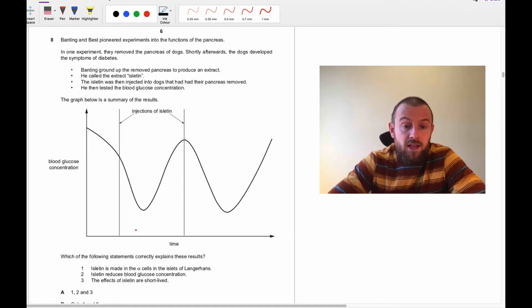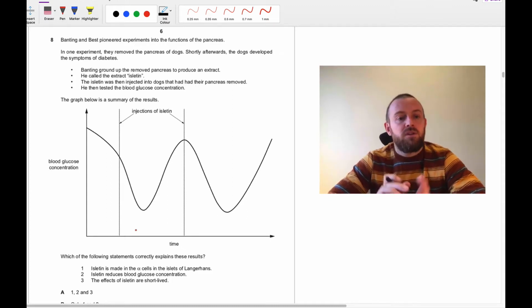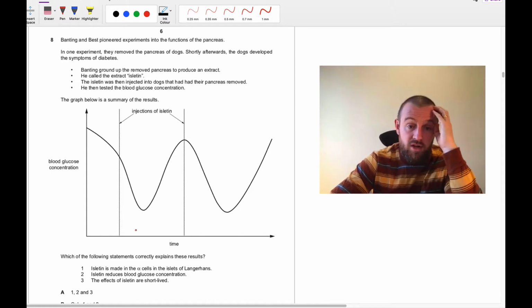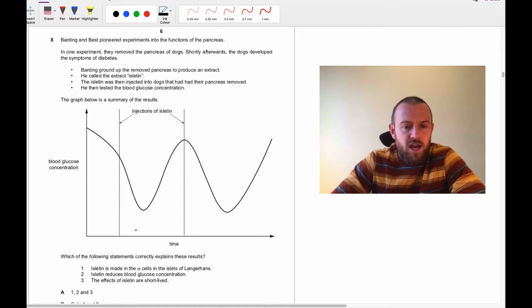He called the extract isletin. The isletin was then injected into dogs that had had their pancreas removed, and he tested the blood glucose concentration. We can see that after the injection of isletin, the blood glucose concentration goes down generally.